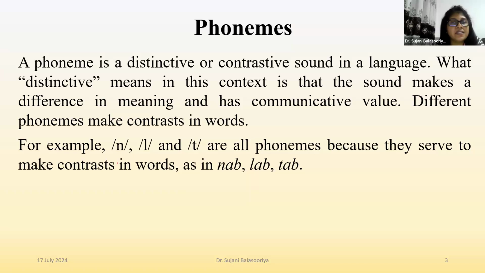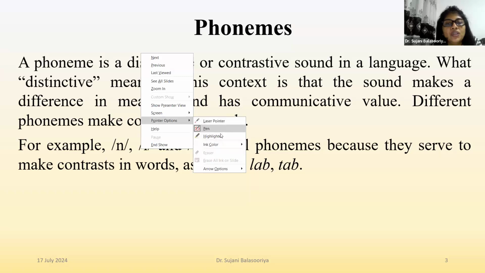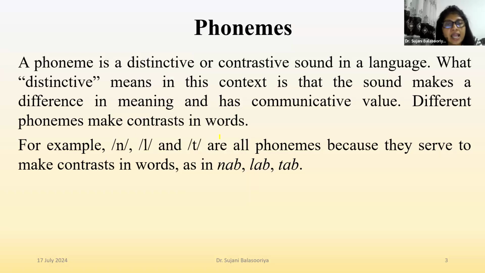I have sent you all these notes, but please check your notes and also the slide here. If there is something not added or missing, or if you need to write something on your own, do it to your notes. A phoneme is a distinctive or contrastive sound in a language. Actually, the first line gives you the very basic and most important idea.